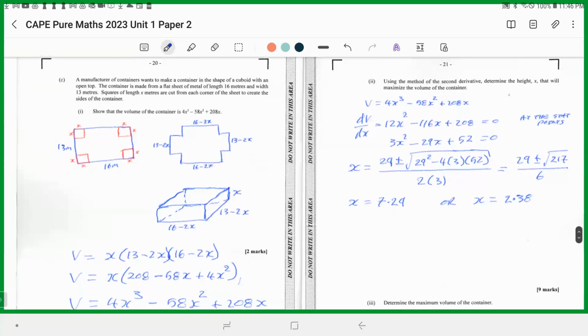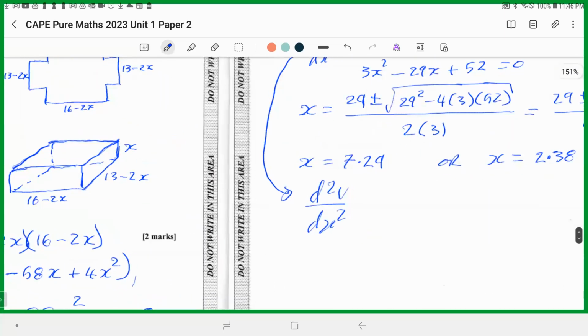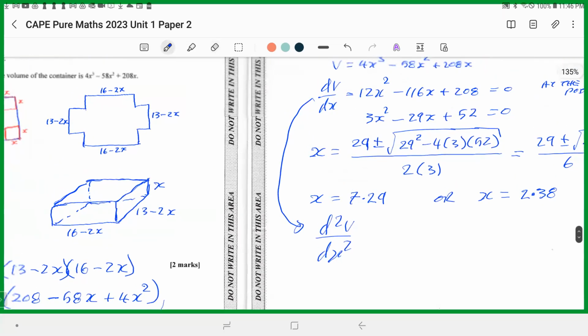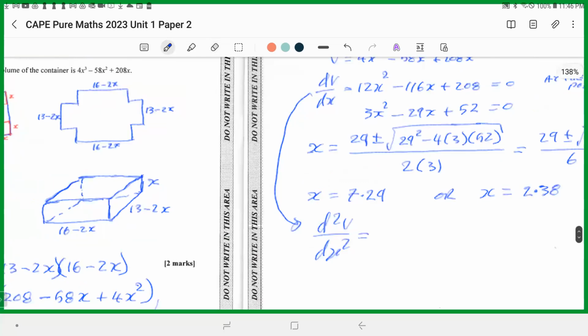Now we have to do the second derivative to see which one of them gives us the maximum. So we're going to do d2v by dx squared. Write what it is first. Differentiate that and we get 24x minus 116.